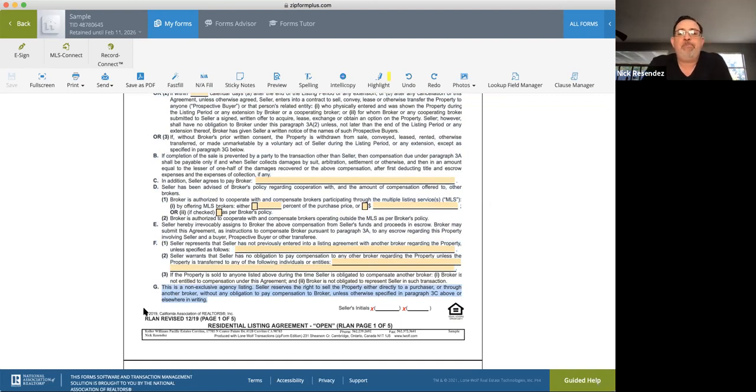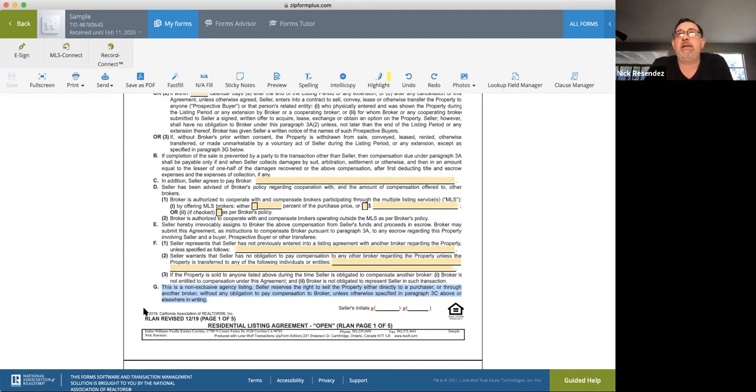And it says here, this is a non-exclusive agency listing. Seller reserves the right to sell the property either directly to a purchaser or through another broker without any obligation to pay compensation to the broker unless otherwise specified. So this is an open listing agreement. It protects your commission, but it's limited.